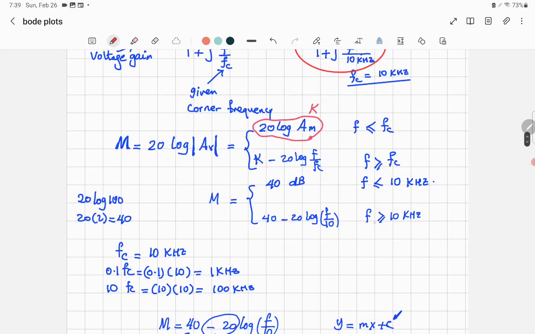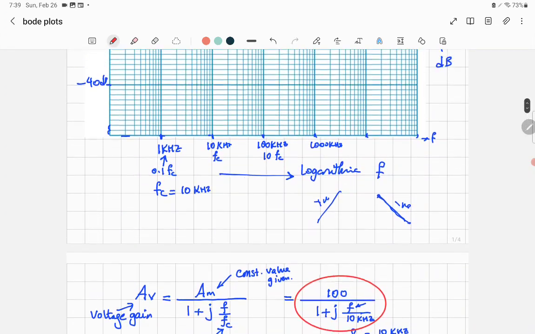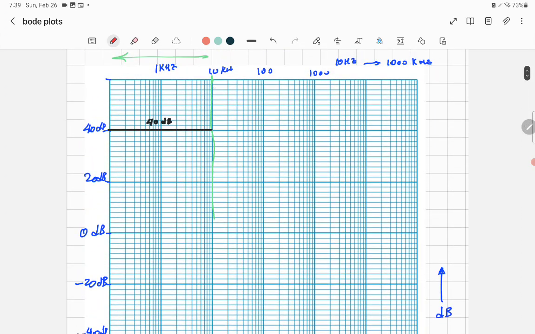So start from 10 kilohertz. We'll stop here at 10 kilohertz. Remember, this is the 10 kilohertz. So this is the point where we start. Let's make it dark. What you are going to do is go down 20 decibel. You have 40 decibel here, you have 20 decibel here.